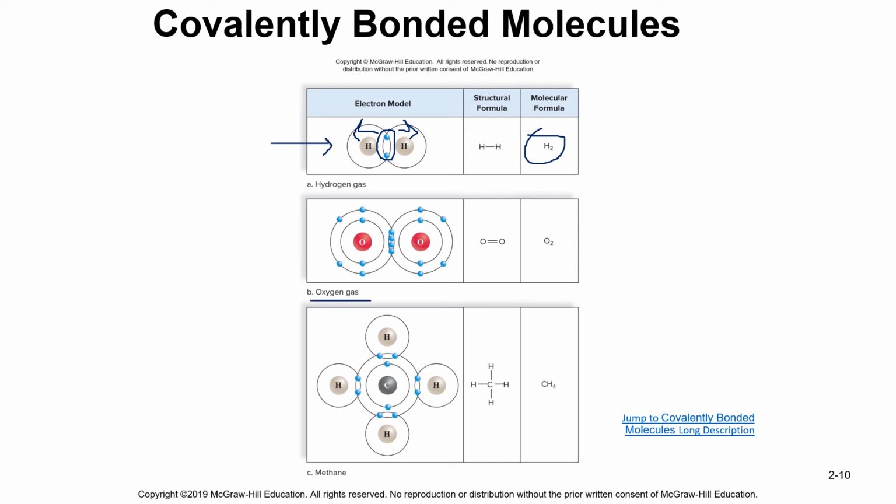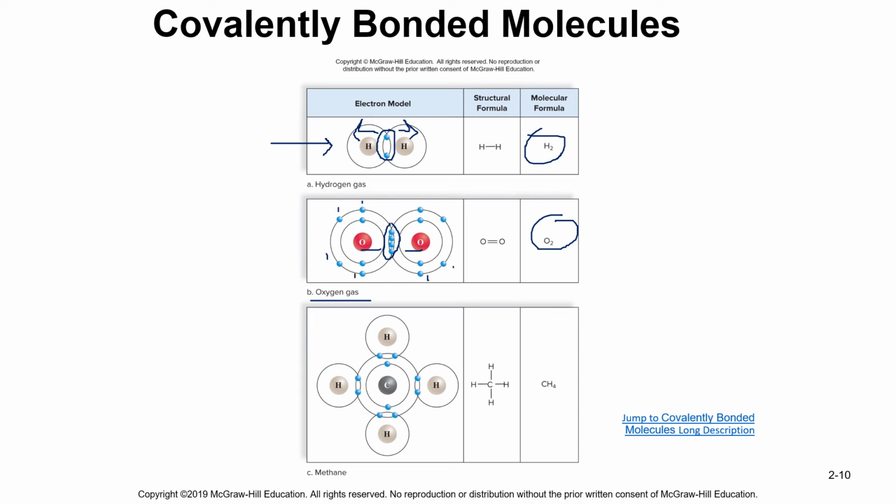Oxygen gas is the same way, O2, except it shares 4 electrons. So these 4 count for this oxygen and that oxygen. And if you count the rest, 4, 5, 6, 7, 8.